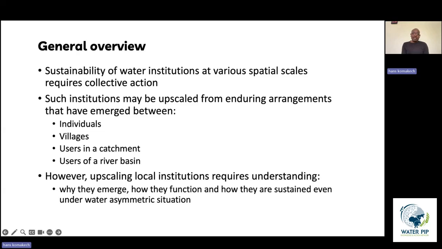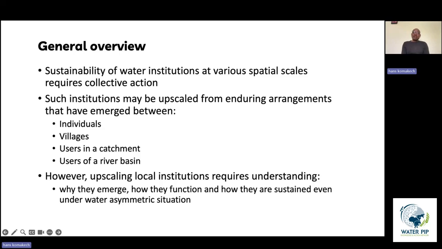So one aspect would be that if they are functioning well, then there could be a way in which they can be used to develop other institutions that are more sustainable. In looking at sustainability, of course, there is the aspect of equity in it.